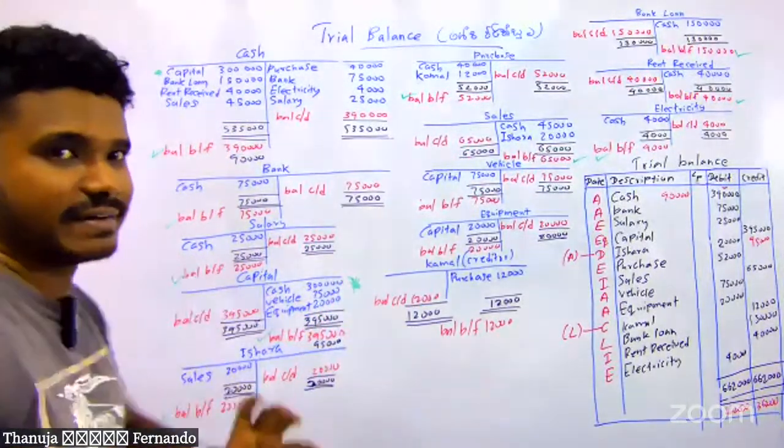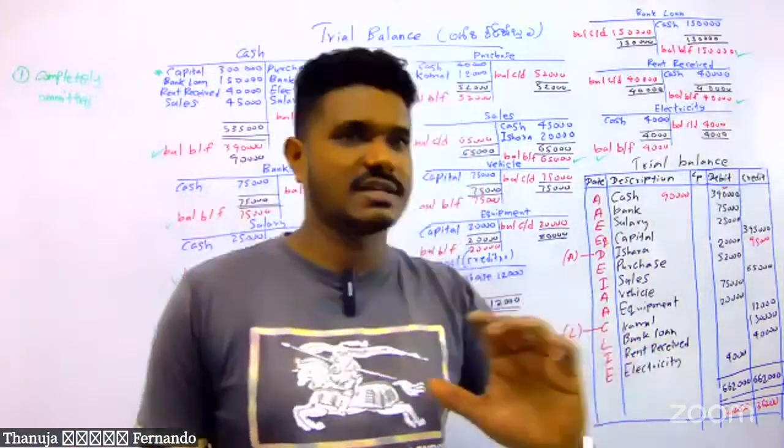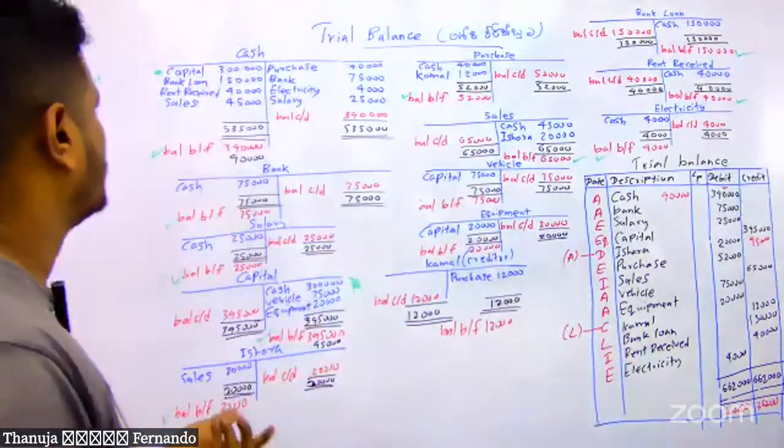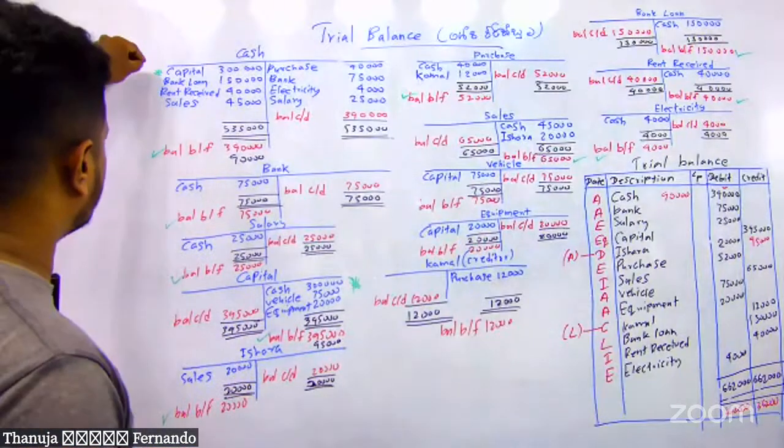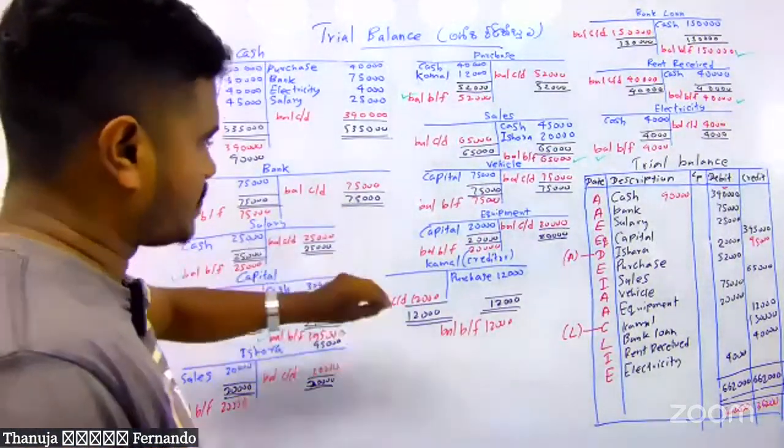The complete transaction is completely omitted, so we haven't recorded it on the debit side as well as the credit side.